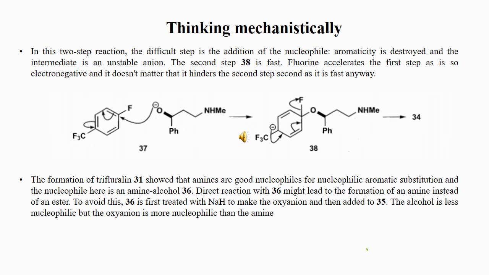And in the second step, 38, the replacement of the fluoro group is a bit fast. So fluorine accelerates the first step as it is so electronegative, and it does not make the intermediate that unstable. The second step, 38, is fast. So fluorine accelerates the first step.